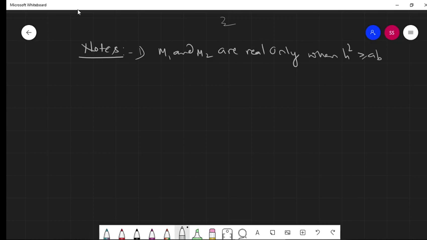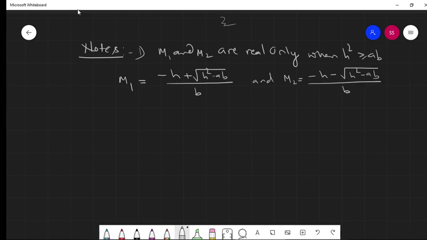As we have discussed earlier, m1 equals minus h plus root under h square minus ab over b, and m2 equals minus h minus root under h square minus ab by b.